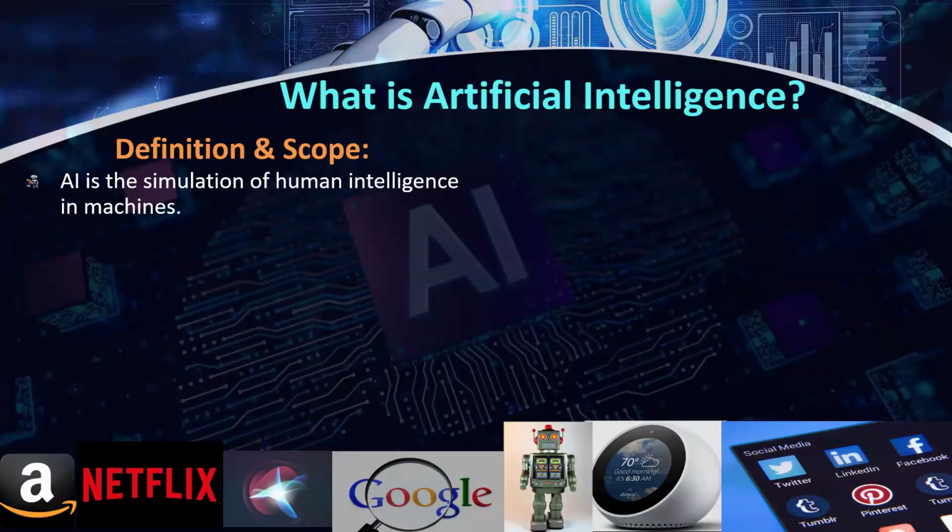Once they can simulate it to some extent, yet with limitation of the data we've given it, then we can call that artificial intelligence. Why is it artificial? It's limited to the data provided.